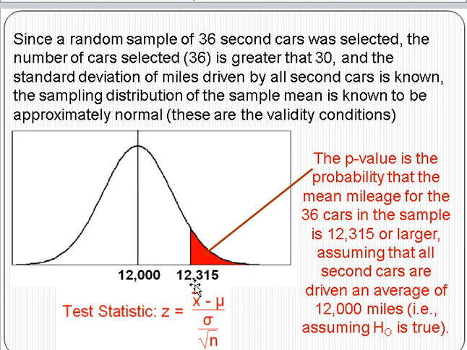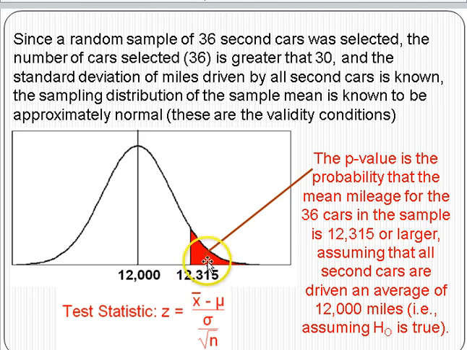So we received a sample mean of 12,315 miles. If the null hypothesis is true, the mean of the sample mean, so this is the normal sampling distribution, its mean would be the mean of the population, which if the null hypothesis is true, is 12,000 miles. So we would determine the z-value of this sample mean, and then we determine the p-value, which is the probability that we have a sample mean mileage for the 36 cars of 12,315 or even more.